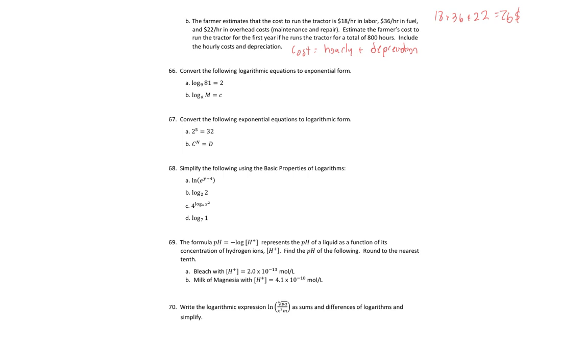Note that our depreciation is in thousands of dollars, so I'm going to say this is 76 divided by 1,000, that's thousands of dollars per hour. And to figure out the cost, well, that's how much it is per hour. Well, how many hours? 800. So our total cost is going to be 76 over 1,000 times 800, and this will give us the cost in thousands.